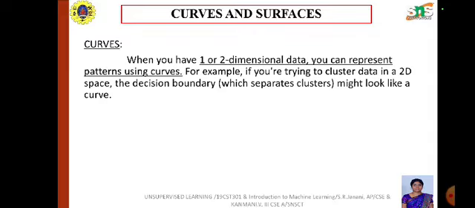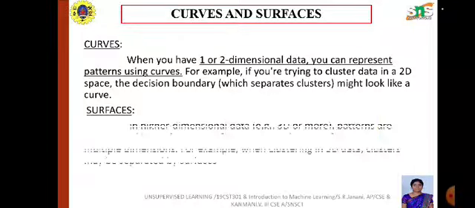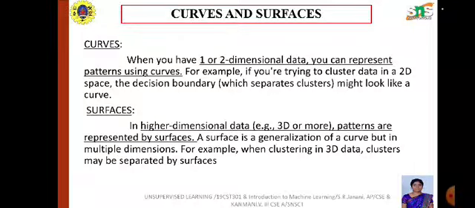So when you have one or two-dimensional data, you can represent patterns using curves. For example, if you are trying to cluster data in a 2D space, the decision boundary which separates clusters might look like a curve. For surfaces, in higher dimensional data, patterns are represented by a surface. A surface is a generalization of a curve, but in multiple dimensions.